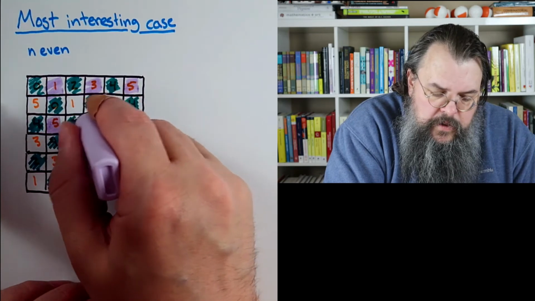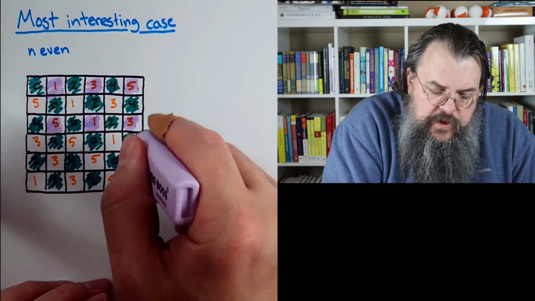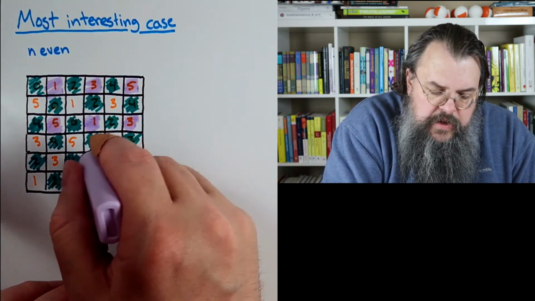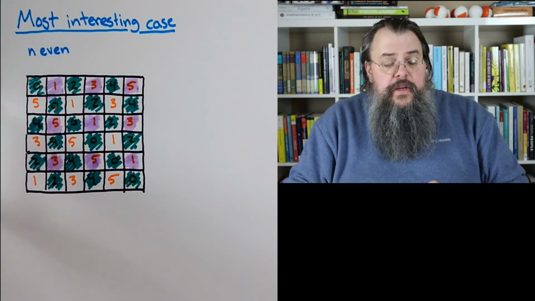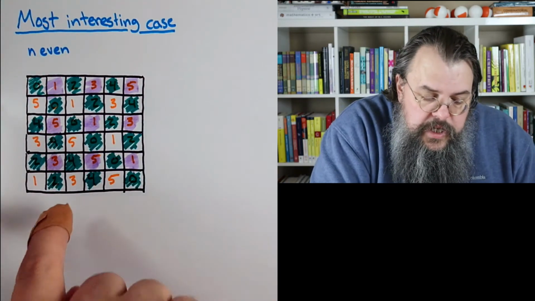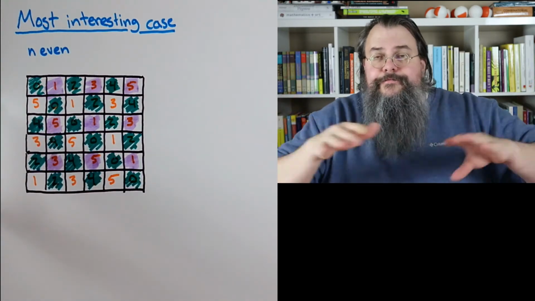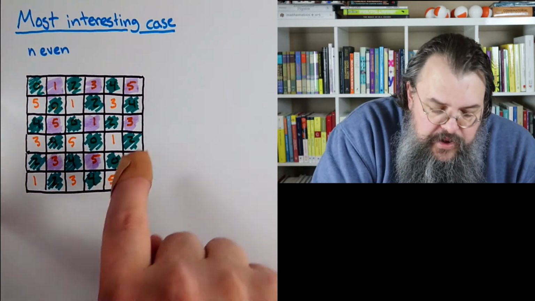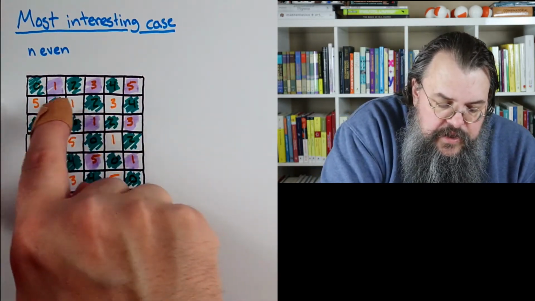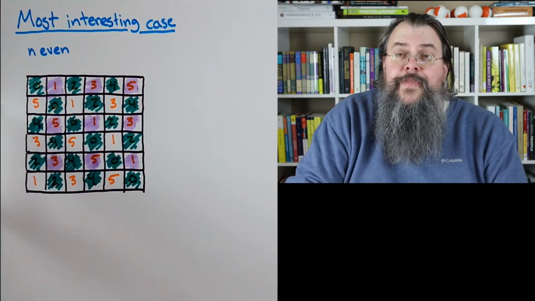And what you'll notice is that there's now three things going on here. There's the dark green, which has been knocked out, won't be considered, can't put any rook there. There's the purple, and then there's the remaining white ones.